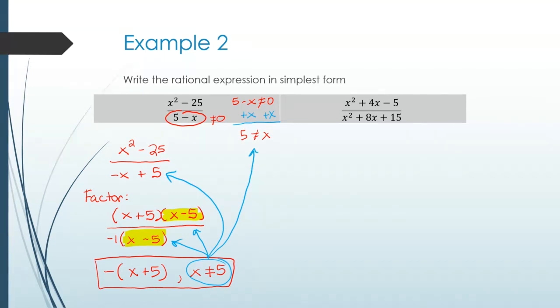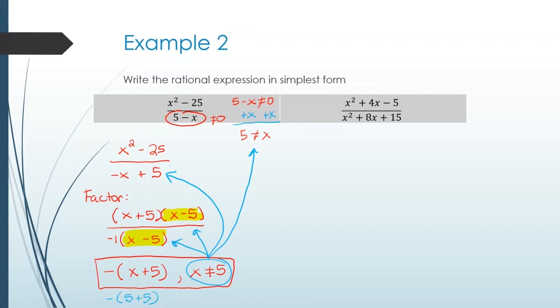Because if I have x minus 5, 5 minus 5 is 0. We can't have that. If we put in 5 for x, we're dividing by 0. So I have to specify that I can't plug 5 in because the original function didn't allow that number. Even though I can put 5 into our answer here, if I plug in 5, I get 5 plus 5, which is 10, and with the negative, I get negative 10.